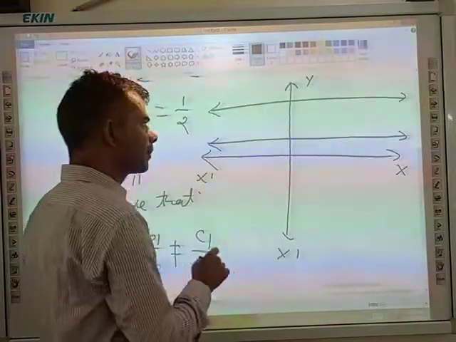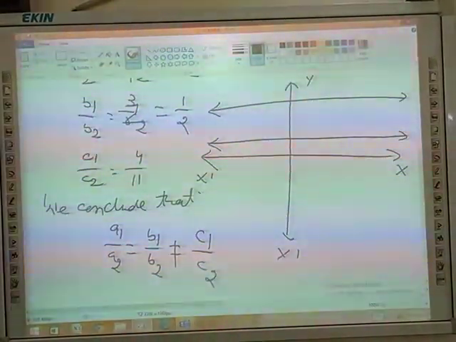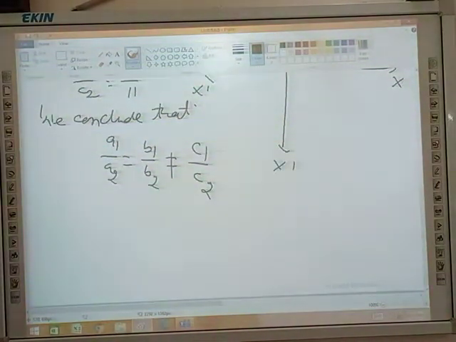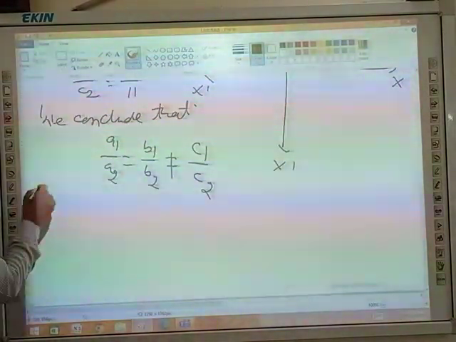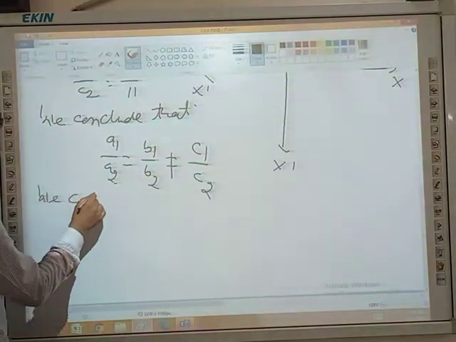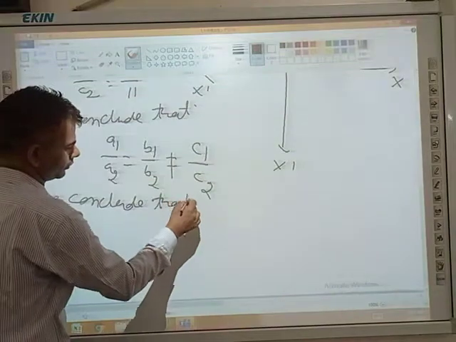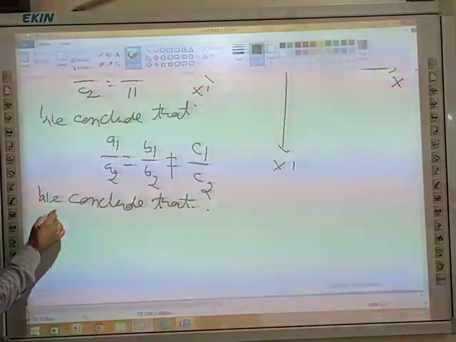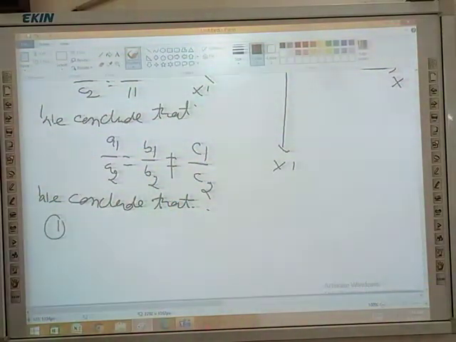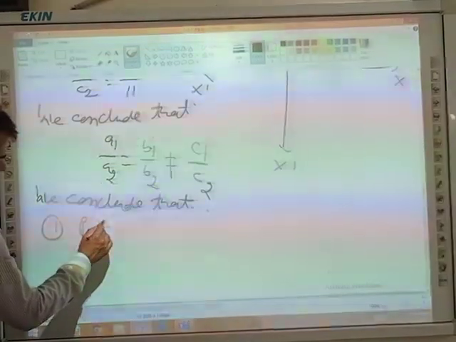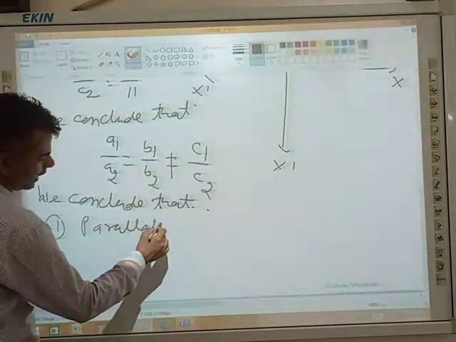Student, these are parallel line graphs. Student, how many solutions does it have? Student, we conclude that first, parallel line graphs.